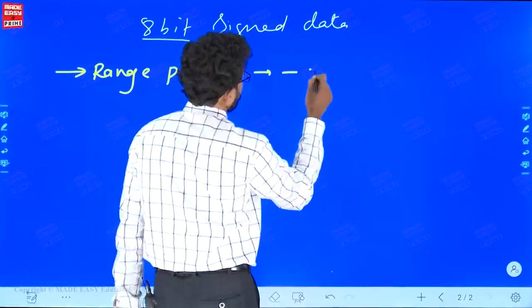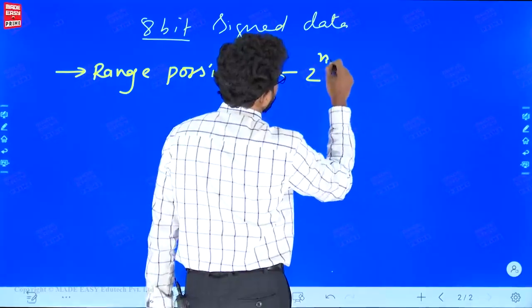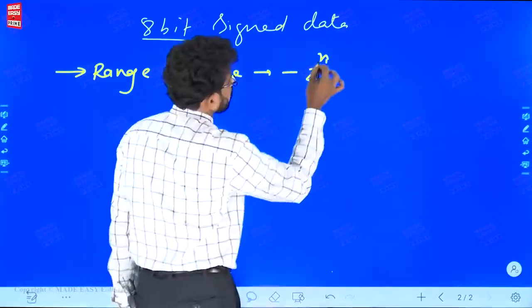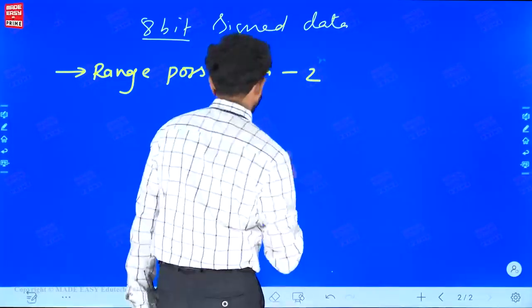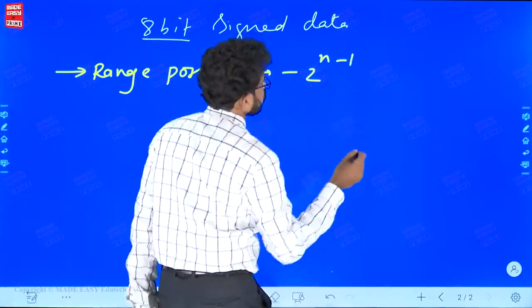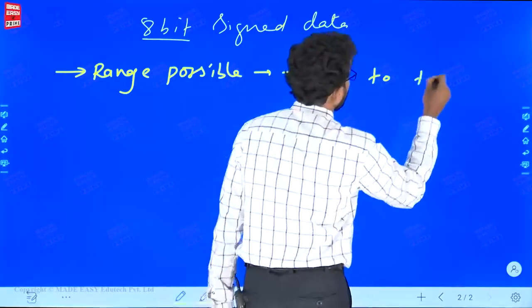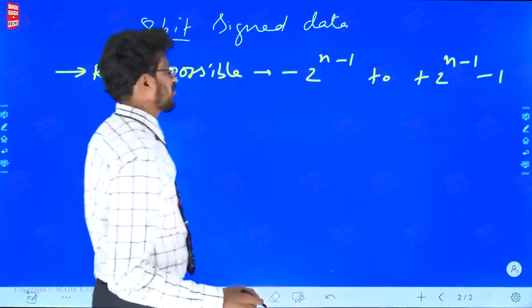The range is minus 2 power n minus 1 to plus 2 power n minus 1, minus 1.